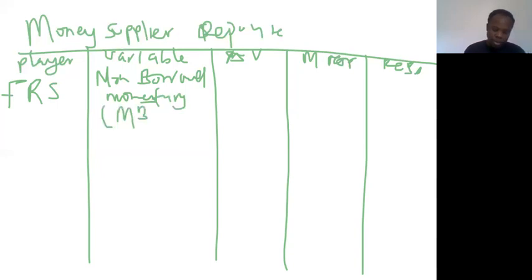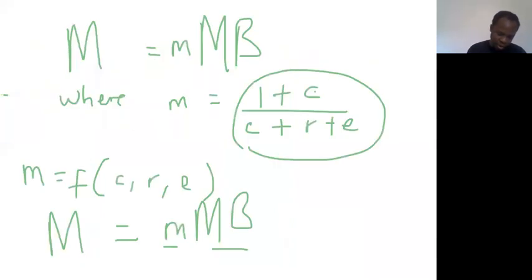So let's look at, in case the non-borrowed monetary base increases, what happens to our money supply? Let's go back to our equation. This is our equation. Great. We said money supply is equal to the money multiplier times the monetary base, right? But this monetary base, we have tried to decompose it into two.